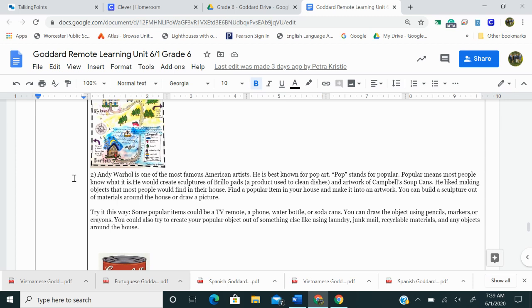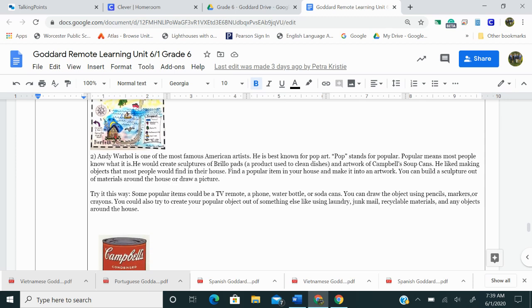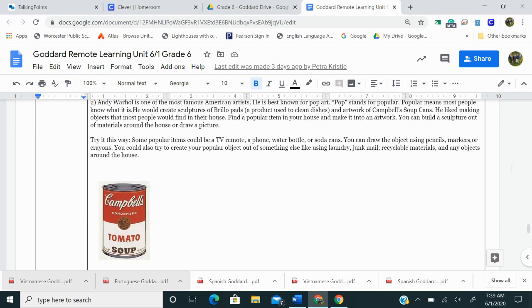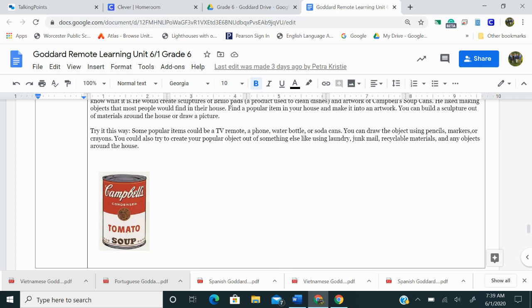He liked making objects that most people would find in their house. Find a popular item in your house and make it into an artwork. You can build a sculpture out of materials around the house or draw a picture. Try it this way. Some popular items could be a TV remote, a phone, water bottle, or soda cans.